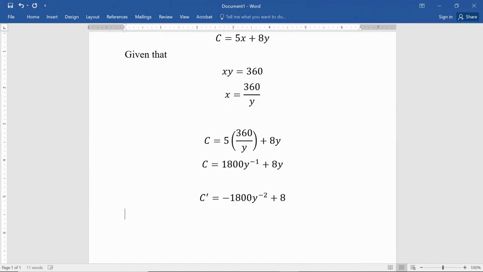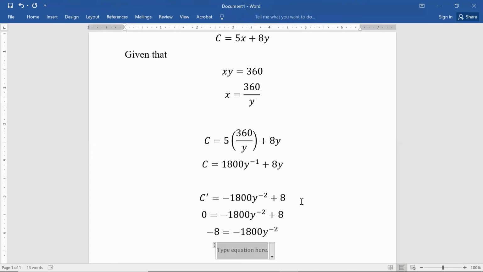I'm going to set that derivative equal to 0. Then I will solve for y. In order to solve for y, I'd subtract 8 from both sides. If you wanted to, you can solve this in a number of different ways. I'm going to multiply both sides by y squared.